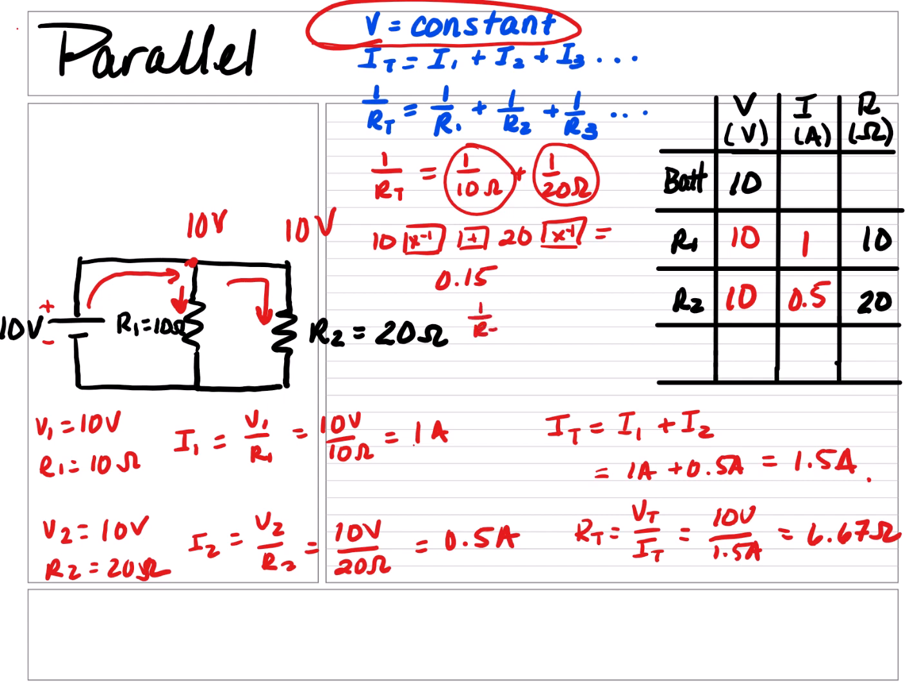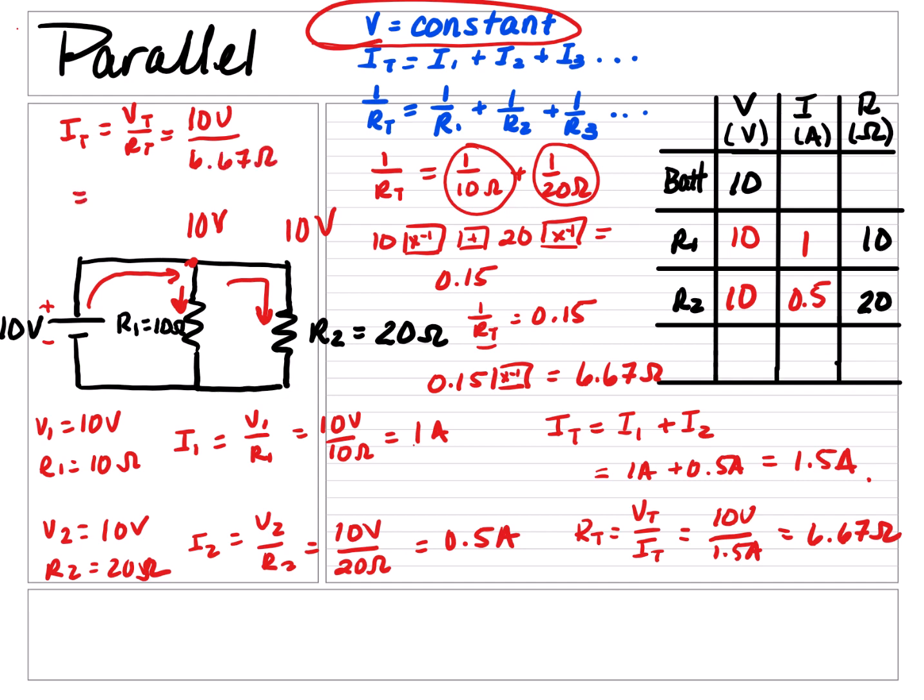So 1 over RT equals 0.15. Since RT is in the denominator, we have to take 0.15 and press the reciprocal button, and this will give us 6.67 ohms. Using Ohm's law, I total becomes V total over R total, which is 10 volts divided by 6.67 ohms, which will give you 1.5 amps.